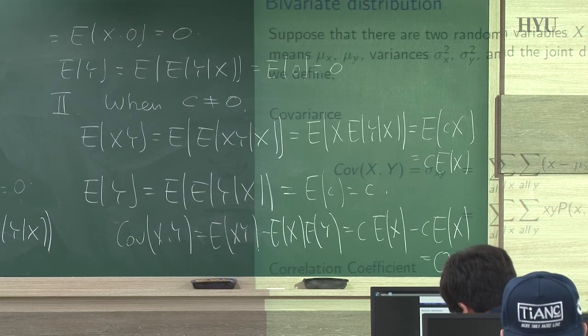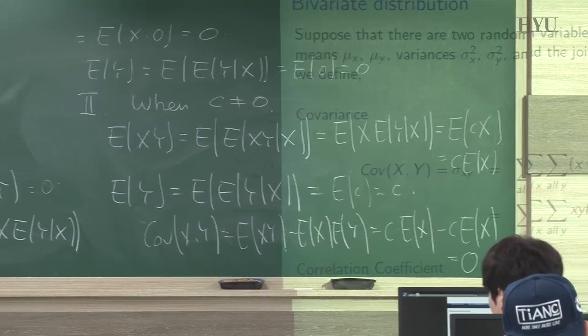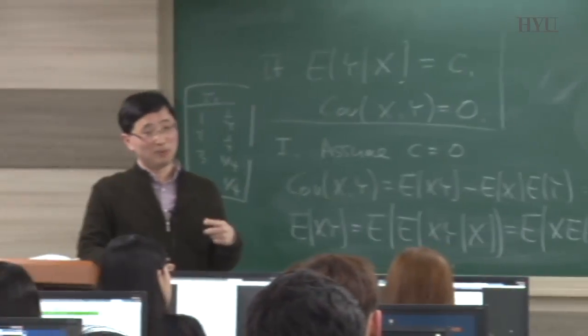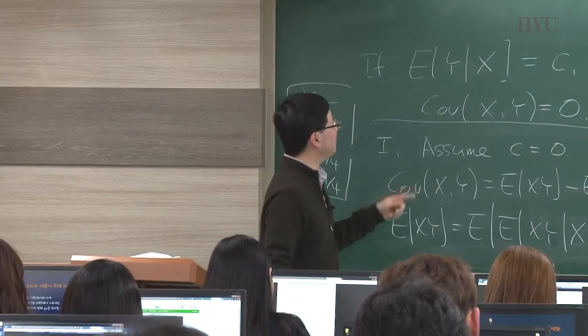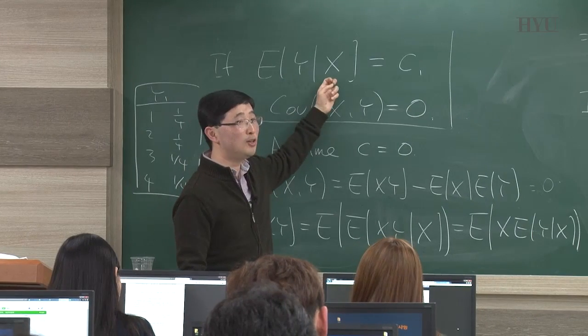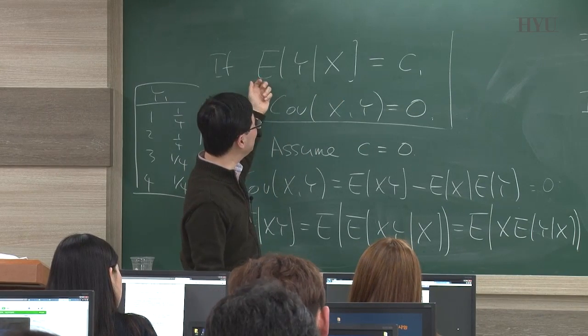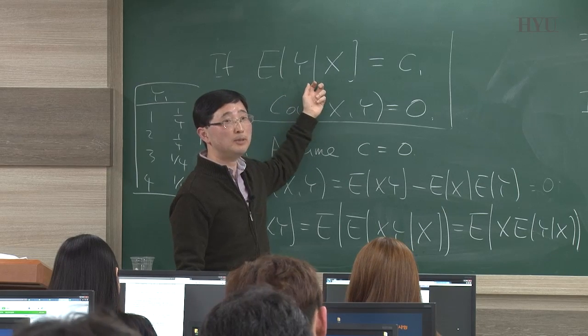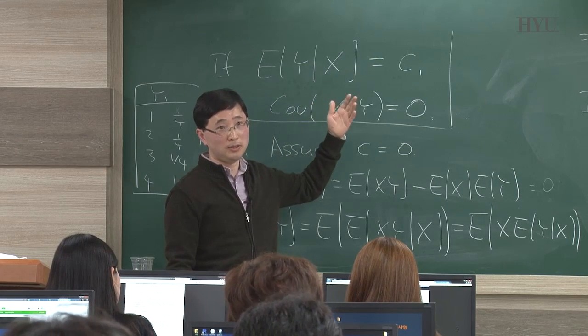So it's kind of a surprising fact. Somehow, if you know the conditional mean of two variables, like wages and education, what is the conditional mean of wages given people's education, like college graduates?